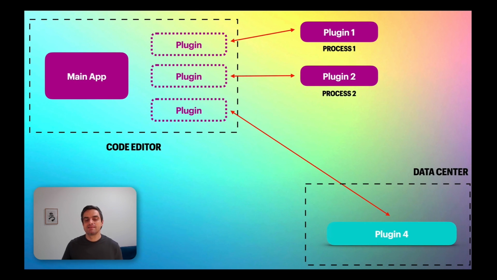What if one of the plugins did some machine learning on the code and actually ran on some GPUs in a data center and not on the user's machine? You can use the plugin distributed actor without any modifications because, as these are async calls, it makes no difference for you if it's a local actor, if it runs in a different process, or actually in the data center. It's just making an asynchronous call, awaiting the result back. The only change you need to make is to use a different kind of transport.